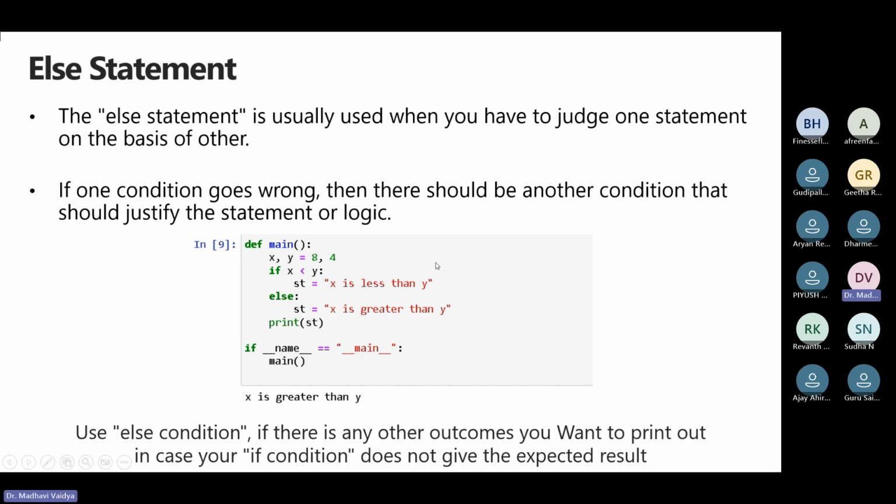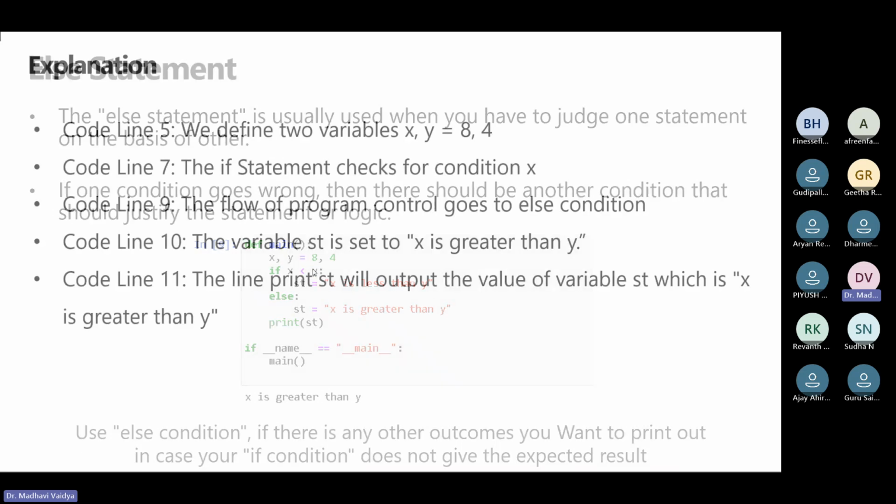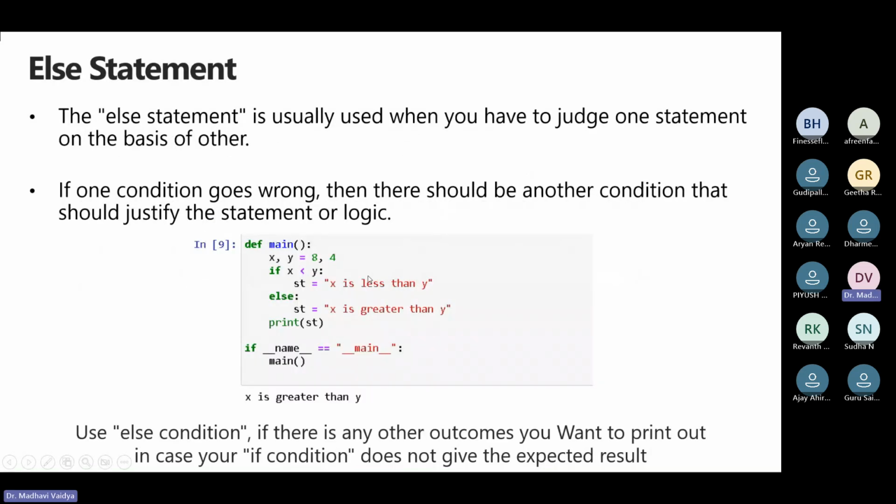So when you talk about this type of condition, then we talk about if and else. I'm not looking at this def main, and I'm not talking about __name__ equal to main at all. So x, y equal to 8, 4. Is 8 less than y? Obviously not.